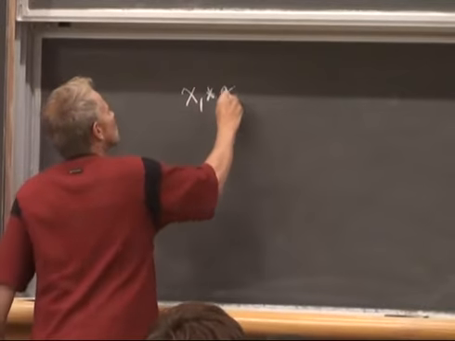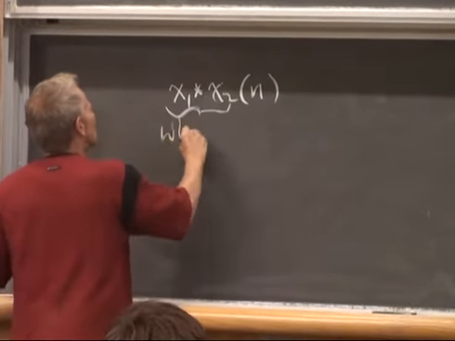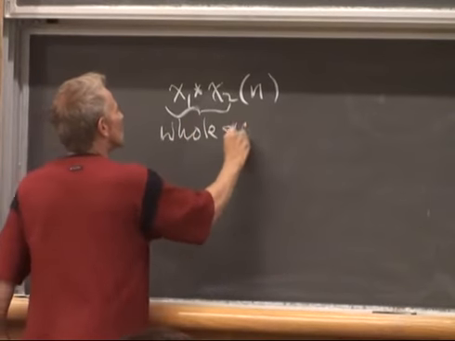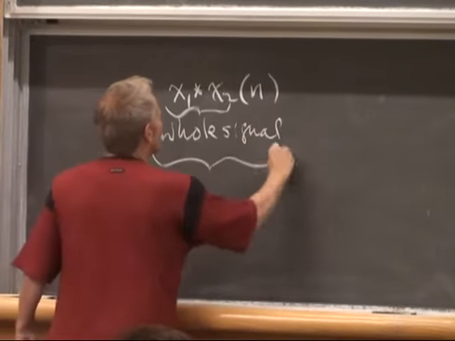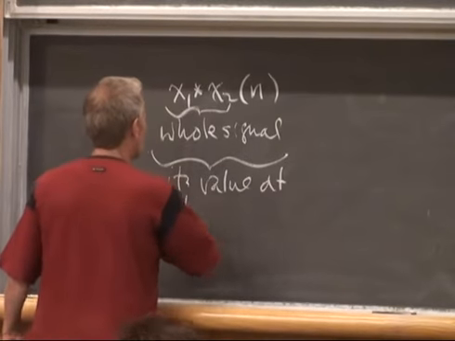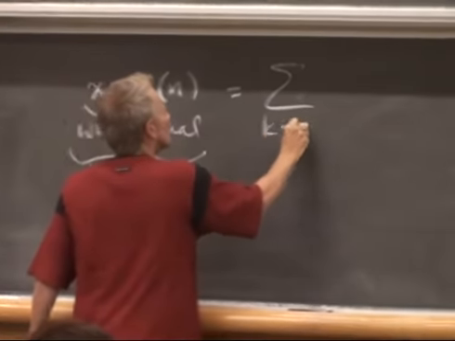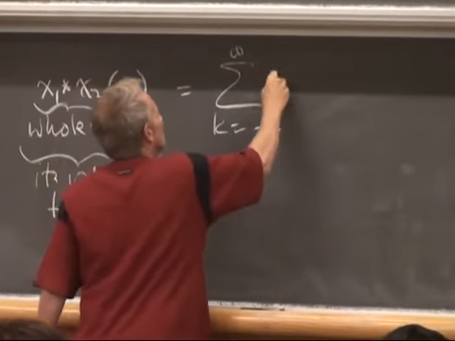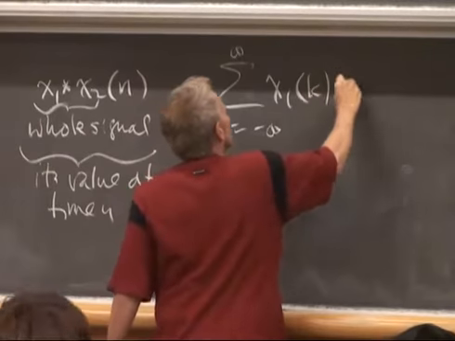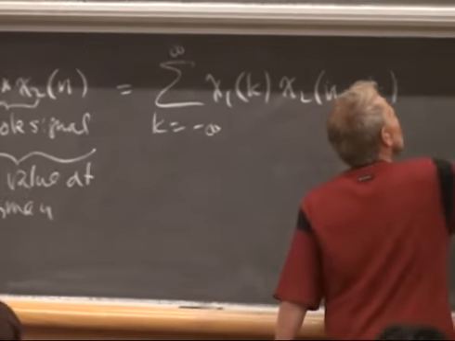Again, this is the whole signal, and of n is its value at time n, is the sum from k equals minus infinity to infinity of x1 of k, x2 of n minus k. And that's true for all n.